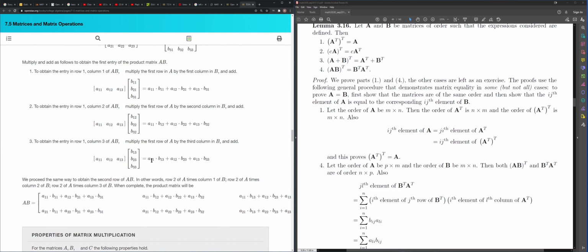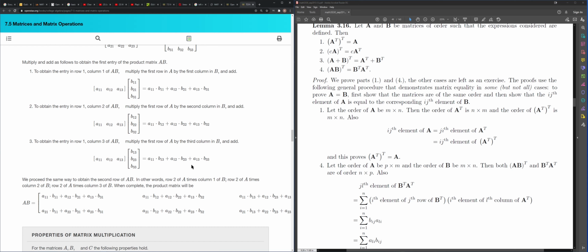If I'm using first row and third column, the fact that I always have this 1 as the first element in the A and the 3 as the second element in the B is indicating that it's going to be the 1, 3 element in the product. Then I can actually write this. I notice also that it's 1 against 1 over here, it's 2 against 2 on the inside, and 3 against 3 on the inside.